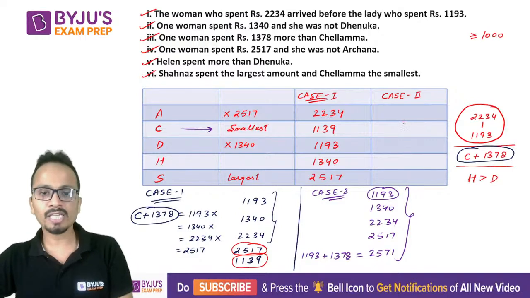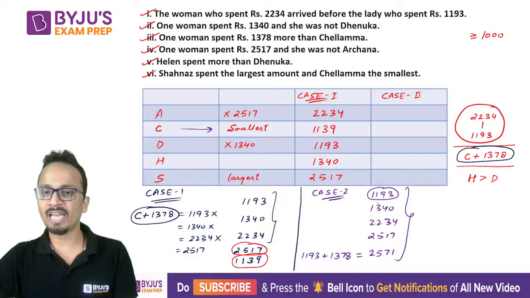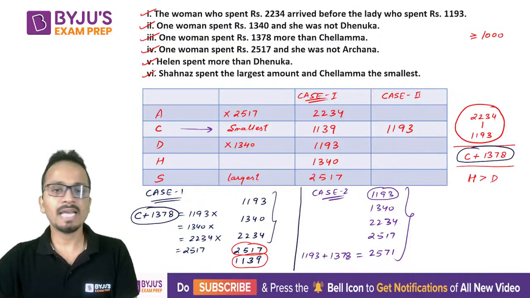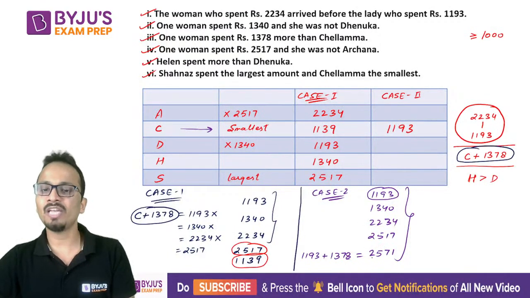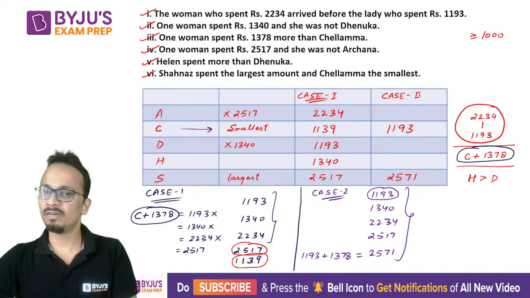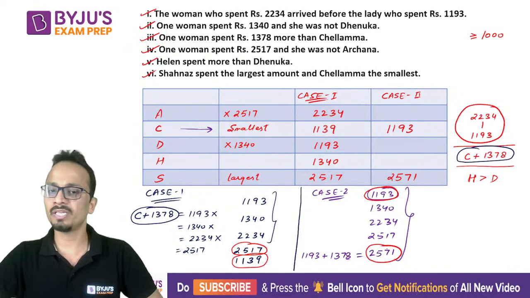Okay, now case 2. Now C is the smallest value, here is 1193. And S is the largest value, 2571. Fine, smallest and largest put कर दिया मैंने. So smallest, this one is gone, largest, this one is gone.